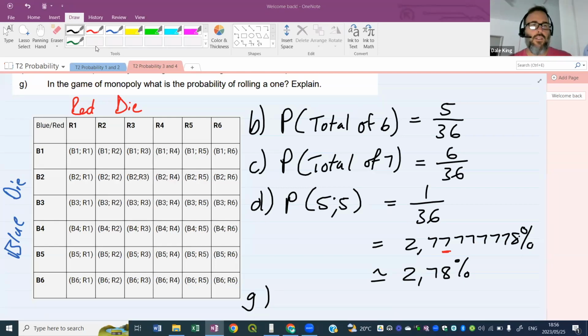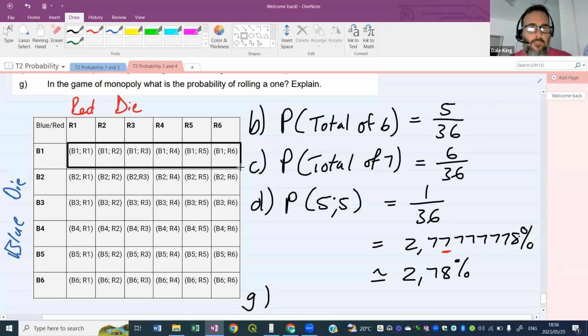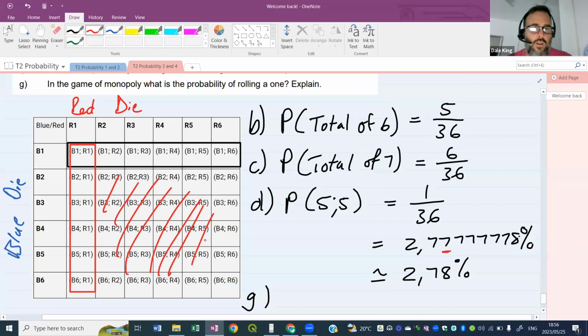Where do I see a 1 on my dice? Well, this whole row here, there's a 1. The blue dice will be 1. And this whole column here, the red dice will have a 1. Nowhere else would you see a 1. All these other combinations, there is no 1. So I'm interpreting the question like this: getting a 1 on one of these dice.